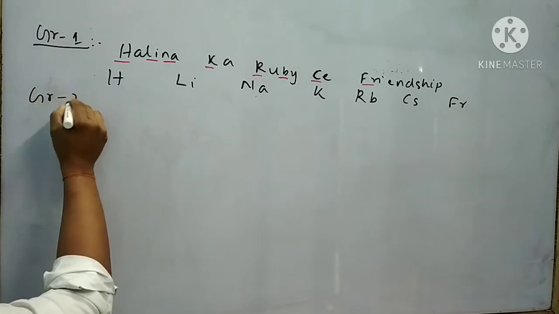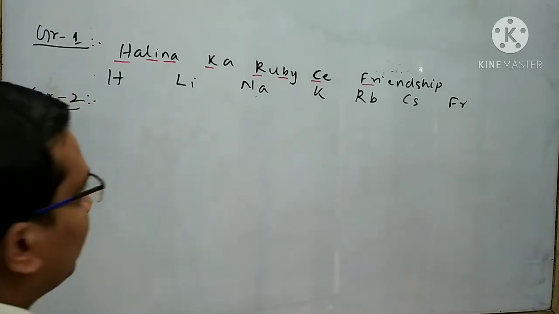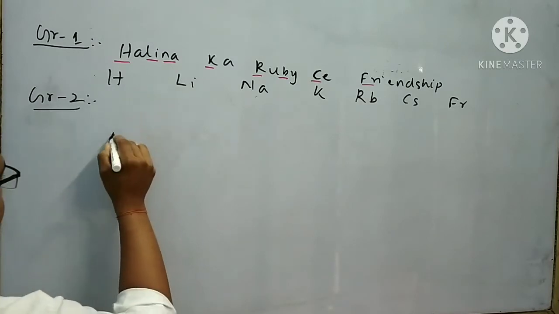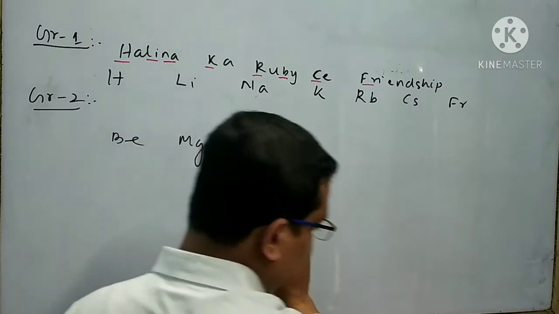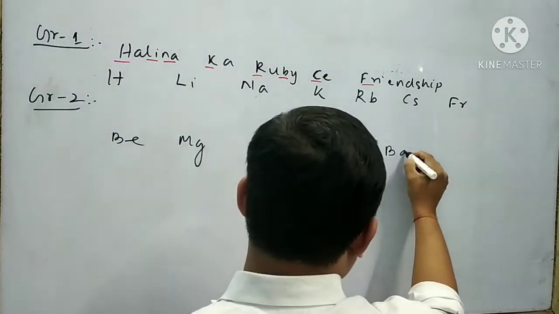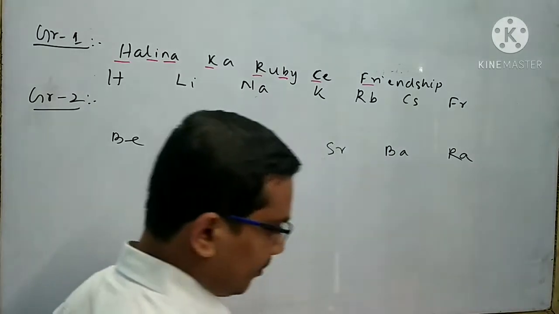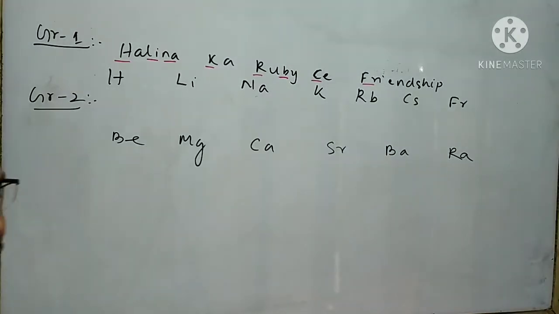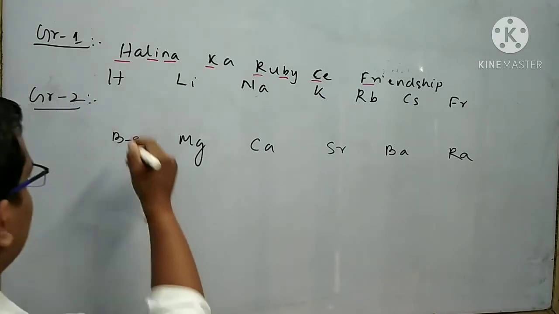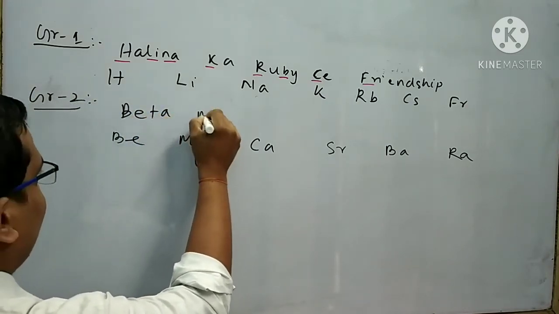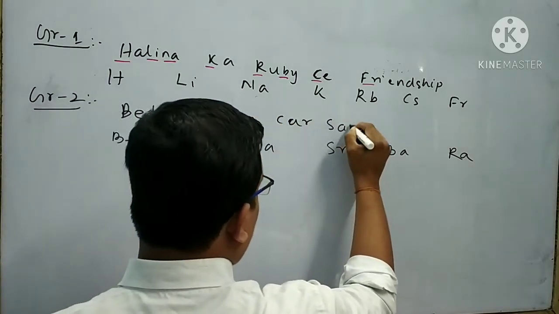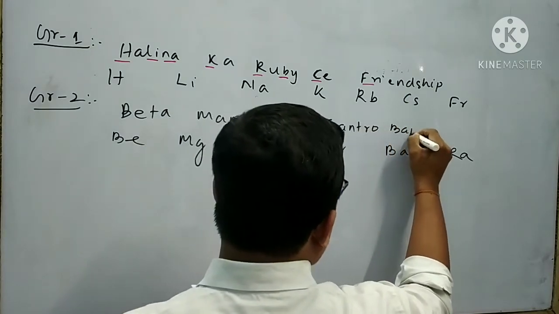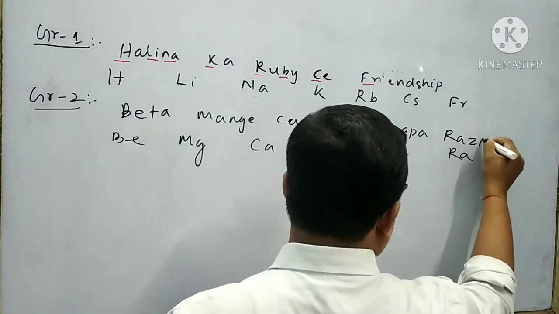Similarly, think about the group 2 elements. The group 2 elements are beryllium, magnesium, calcium, strontium, barium, radium. To remember such elements, generally we use a short trick, that is your Beta Mange Car Sandro Baraji.